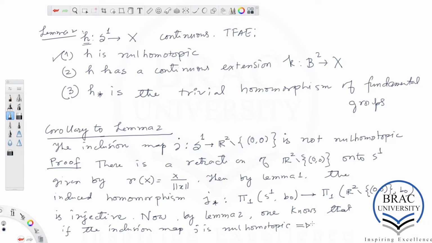Then it will imply that the induced homomorphism J star from the fundamental group of the unit circle with respect to B0 to the fundamental group of this punctured plane is trivial.